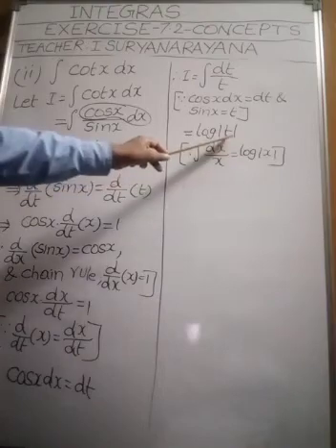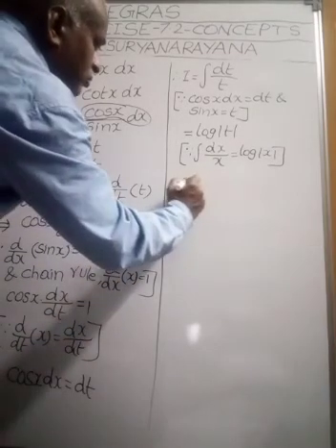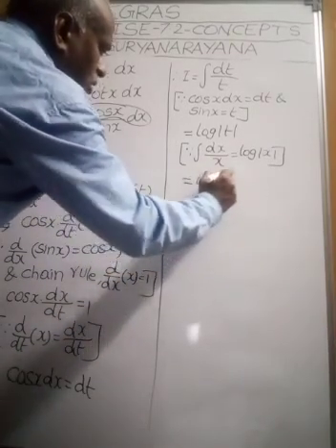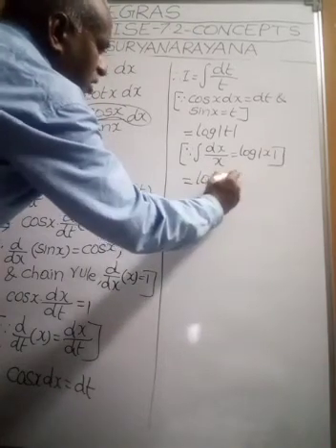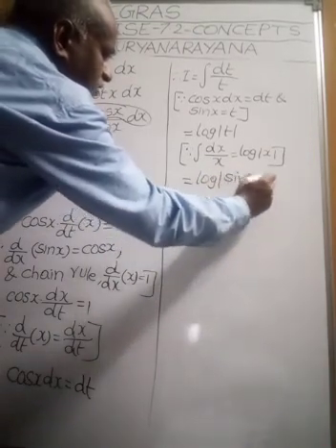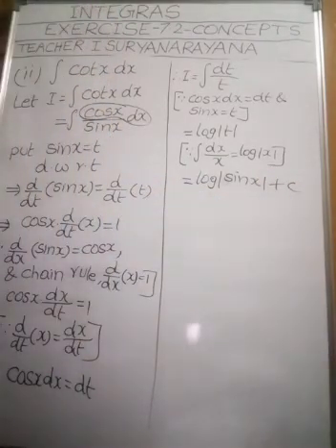Right. Again, we have to substitute t value. What is t value here? sin x. So that is equal to log mod sin x. t means here sin x. Log mod sin x plus c. This is the last step. So we are adding the constant of integration.